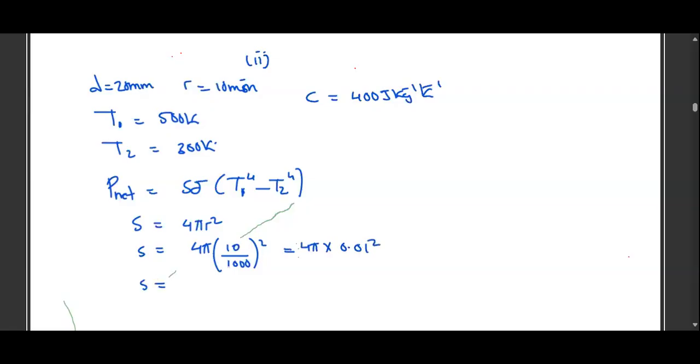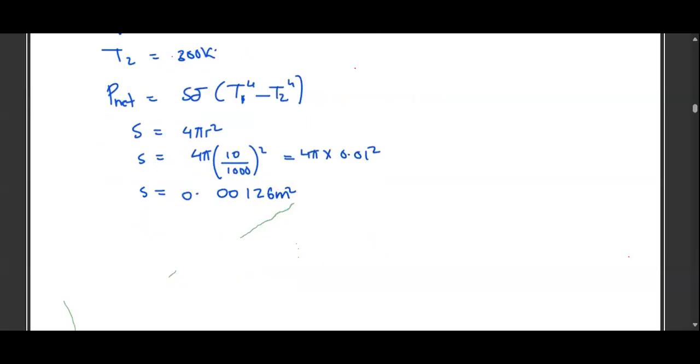So we can use our calculators and get the surface area, which is 4 pi times 0.01, but it is squared. I am coming up with our surface area as 0.00126 meters squared.